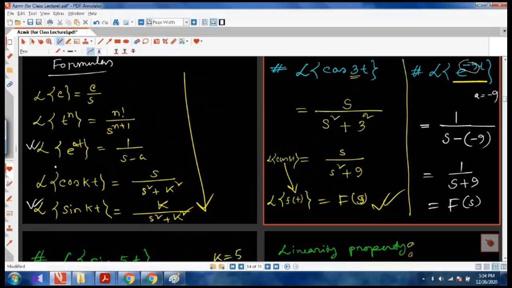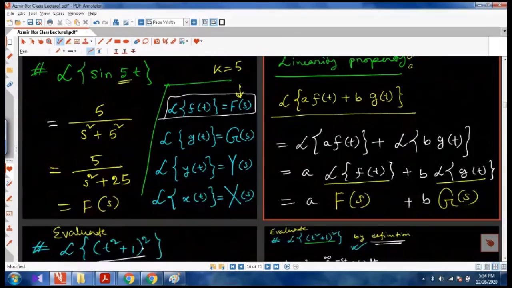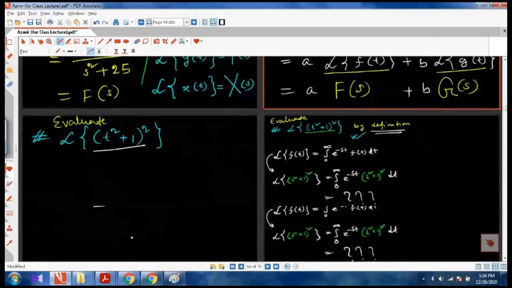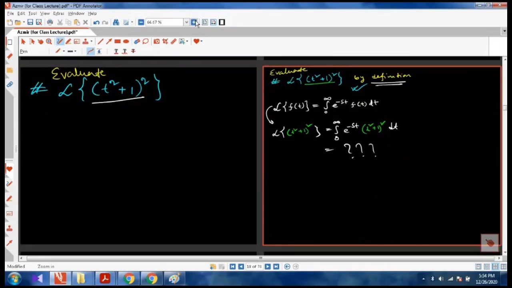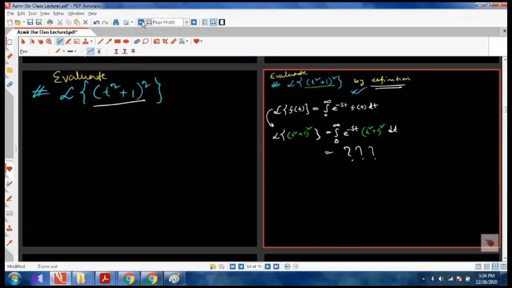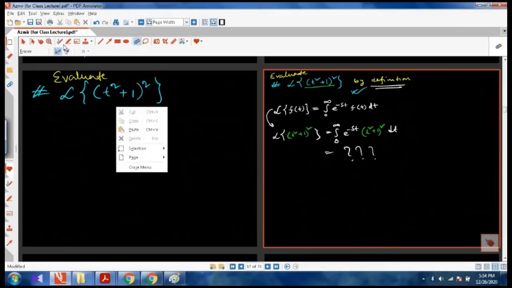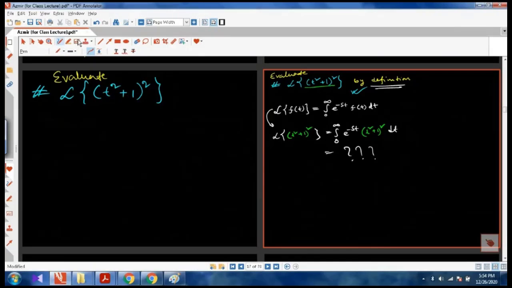But there is no such formula like this one. So do we have any direct formula that can be applied to solve this problem? Actually, we don't have.